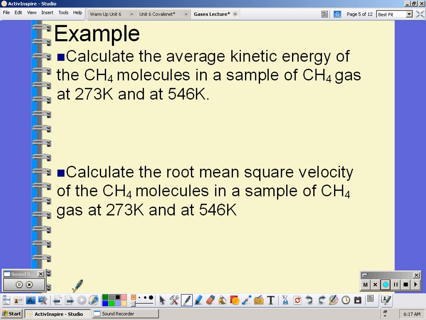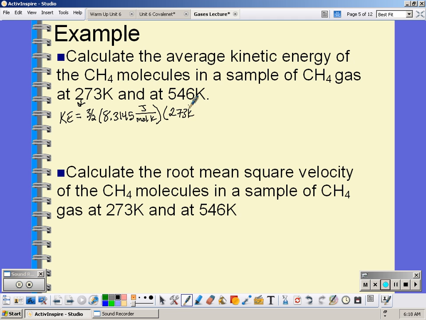So, for example, calculate the average kinetic energy of methane molecules in a sample of methane gas at 273 Kelvin and at 546 Kelvin. So at our first one, kinetic energy would equal 3/2, and then we want to use that new R value, 8.3145 joules per mole Kelvin, times 273 Kelvin.